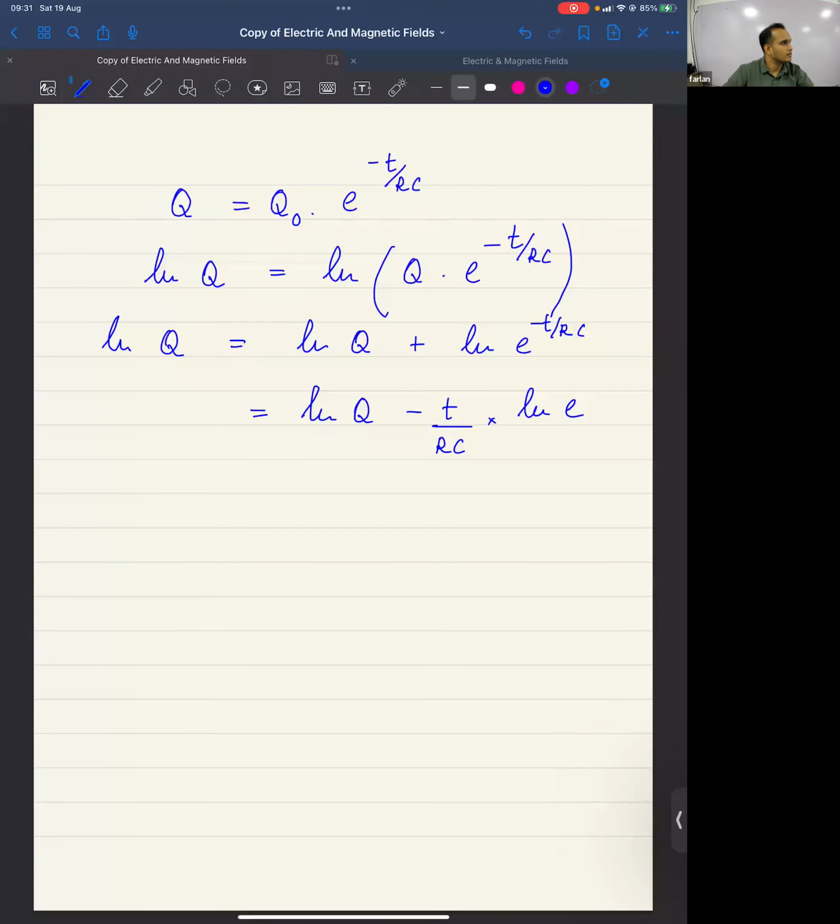What is ln e? Log e to the base e. What is that? 1. ln e is 1. e to the power 1 is equal to e. So that means this is equal to 1. So then you get another format of the same equation, which is ln Q equals ln Q naught minus T over RC. This is another format of the same equation.